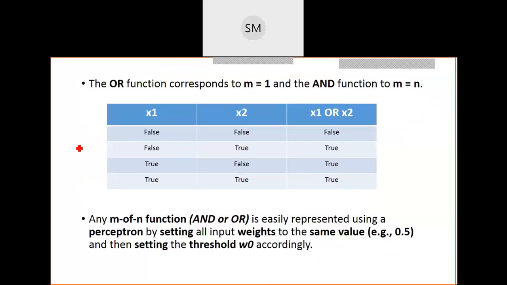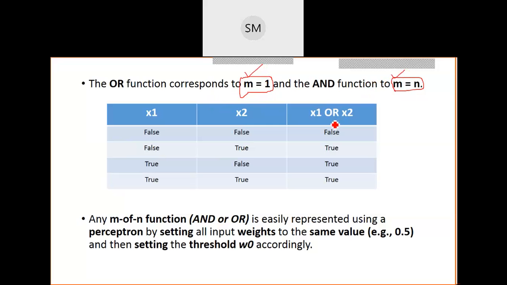So let us go to the next function, that is the OR function. So what is happening here? Here m is equal to 1, as I just told you. In the AND function, m is equal to n, because as I told you previously, if two inputs are there, both inputs should be true. Because of that, m is equal to 1 in the OR function and m is equal to n in the AND function.